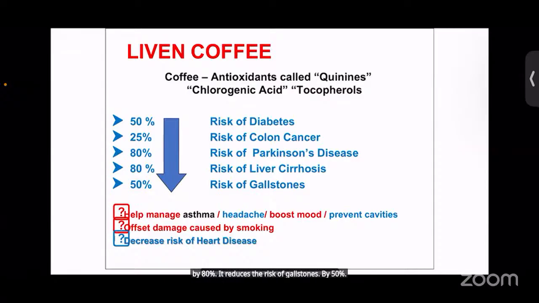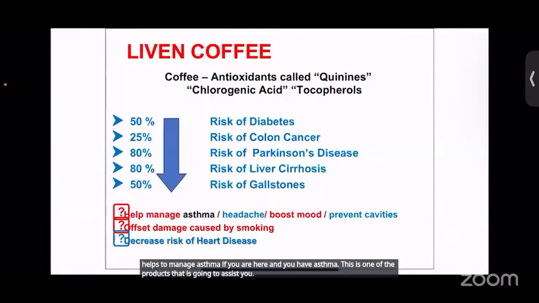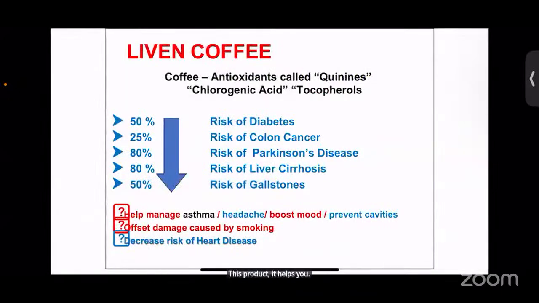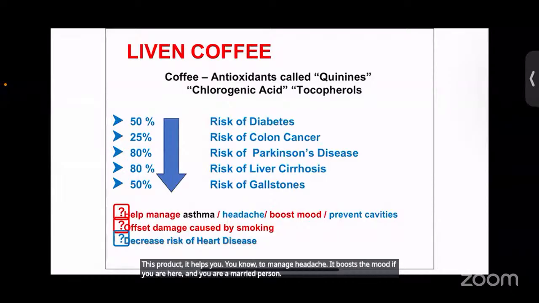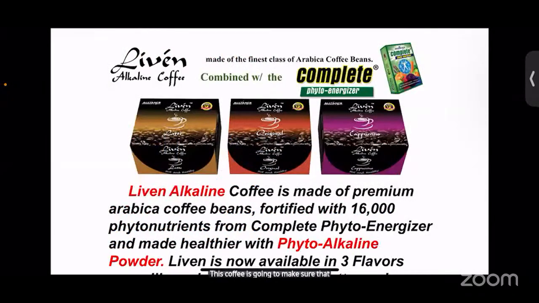This Live Coffee helps to manage asthma. If you are here and you have asthma, this is one of the products that is going to assist you. This product helps you to manage headache. It boosts the mood. If you are here and you are a married person, this coffee is going to make sure that your bedroom activities are done very well.